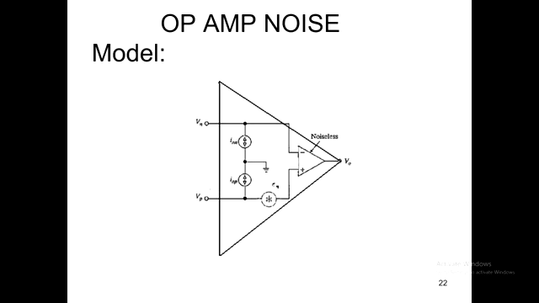You'll appreciate that there's a lot of components in an op-amp, and rather than deal with all those components separately, we can lump them all together and put these generators into, as if we had a noiseless op-amp. What would it take to produce the noise that we actually see at the output of the real op-amp, which is the big triangle here?